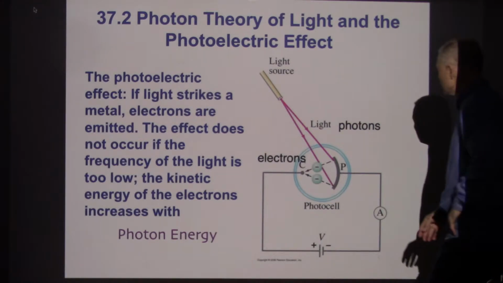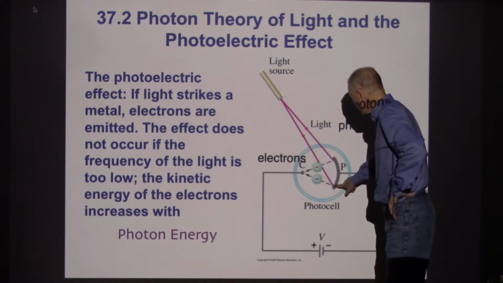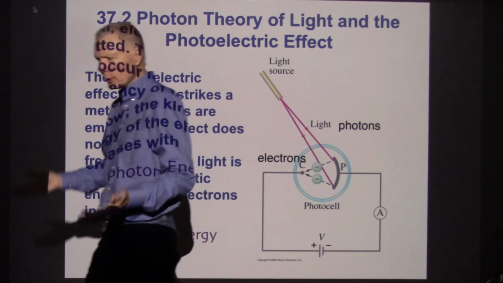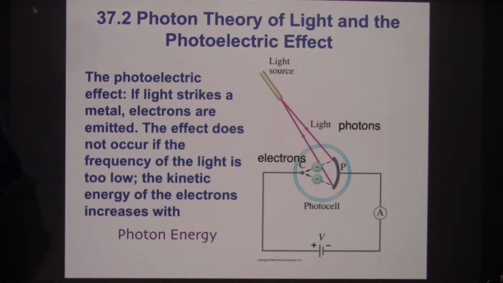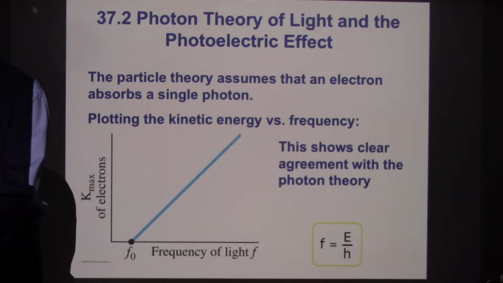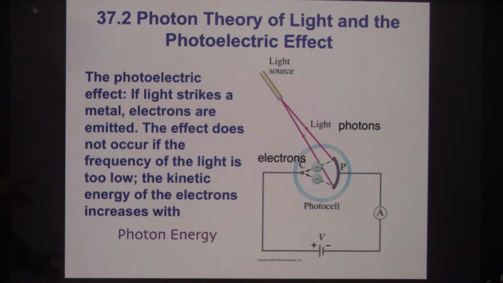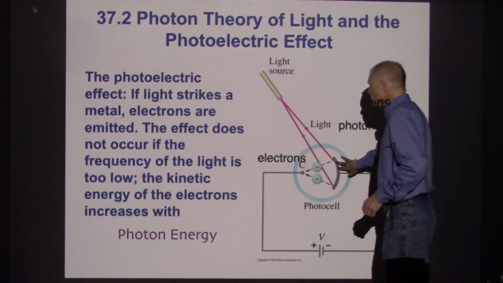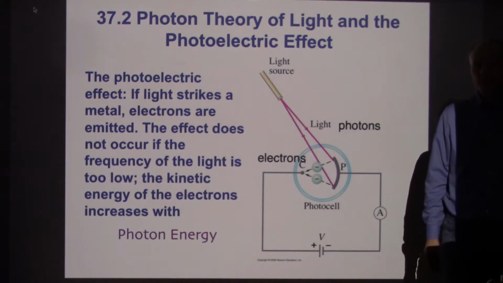That electron is attached to the metal plate, and it's going to require a certain amount of energy to overcome the binding energy of the electron. Now typically inside a piece of many different metals, the binding energy is just a few eV of energy.